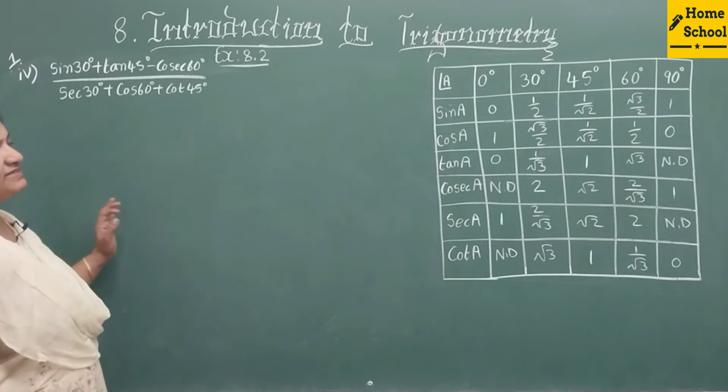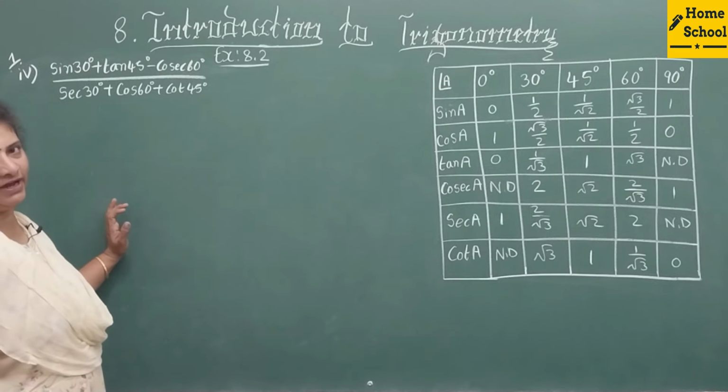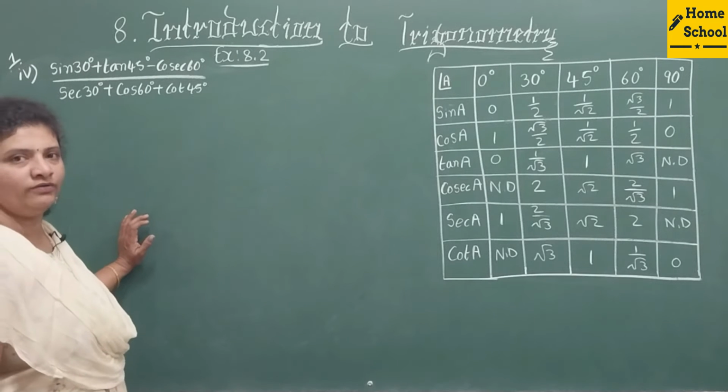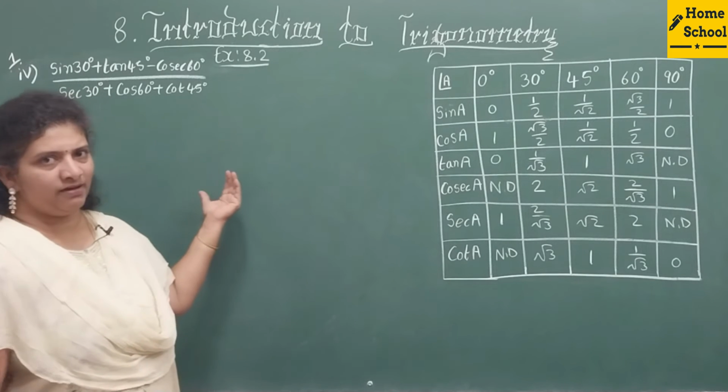Sin 30 degree plus tan 45 degree minus cosecant 60 degree, whole divided by secant 30 degree plus cos 60 degree plus cot 45 degree. Simply see the table and say the values here.